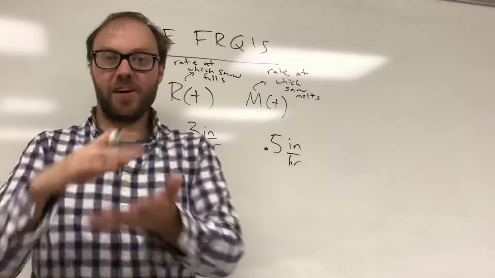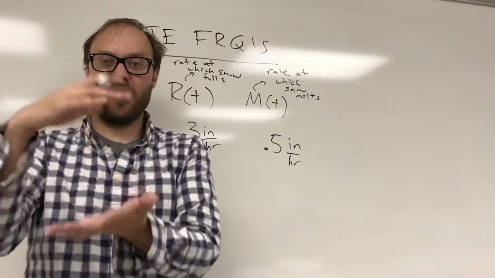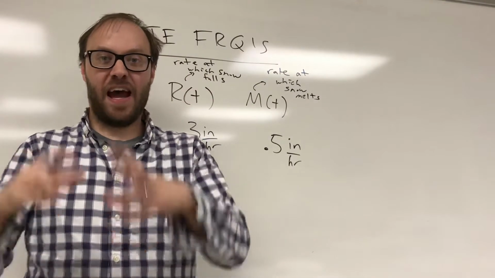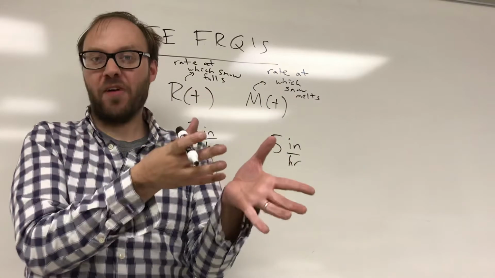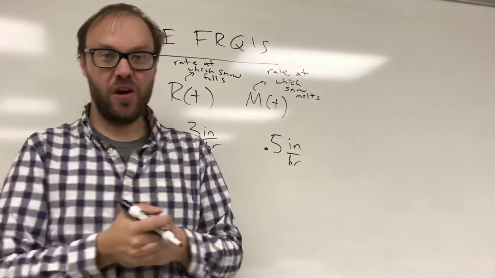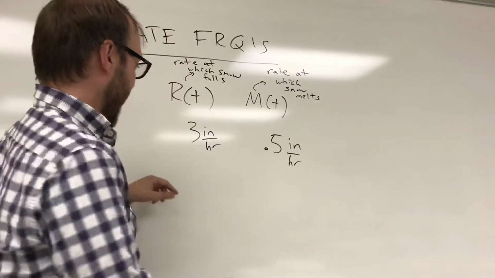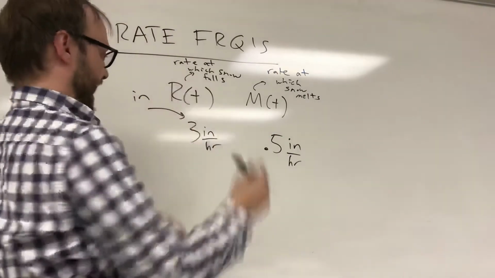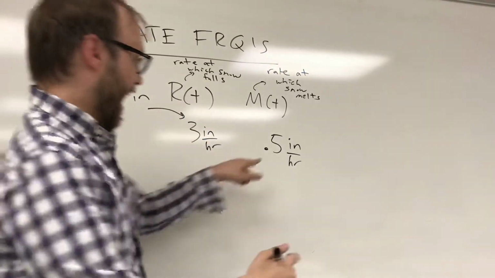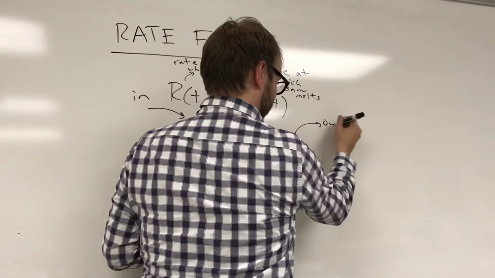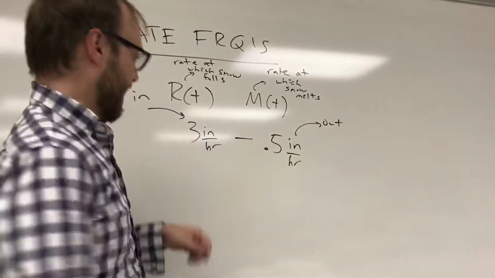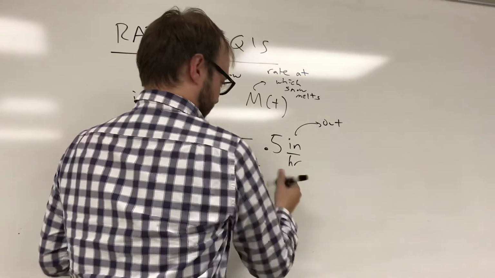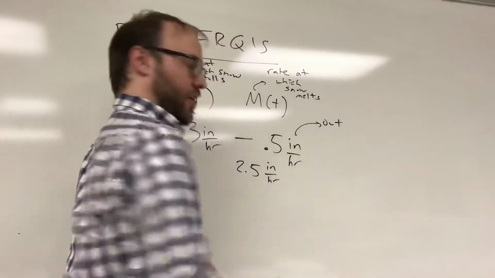If I want to figure out how much total change there was, either I can figure out how much snow fell, and then separately find out by integrating how much snow melted, and then subtract those two. Or you could just find the overall rate. How much snow comes in an hour, 3 inches every hour, how much snow is melting every hour, 0.5. If you subtract those two things, you're told that we're basically getting 2.5 inches per hour of snow.